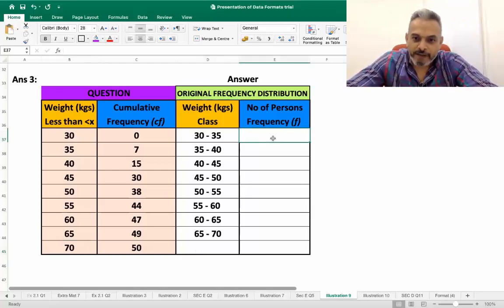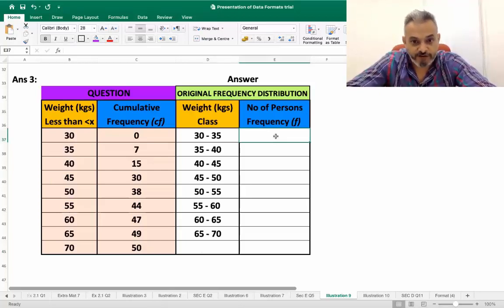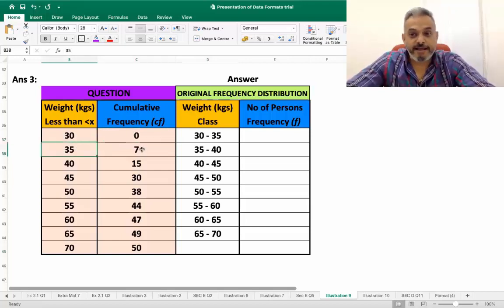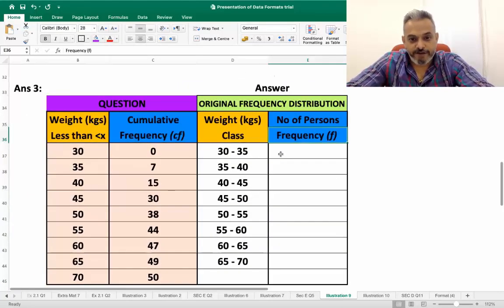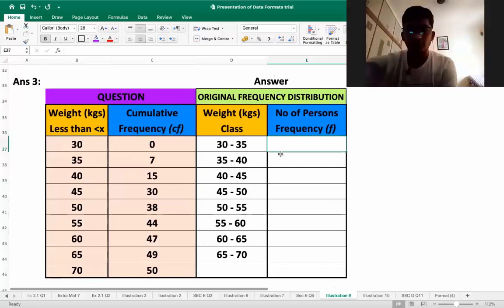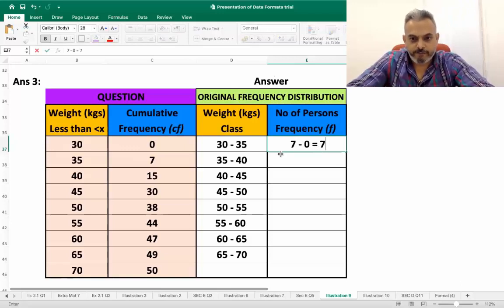Now comes the time for the number of persons, frequency. I'll write the working calculation also. Less than 30 is 0, less than 35 is 7. So for 30 to 35 we take 7 minus 0, which is equal to 7.